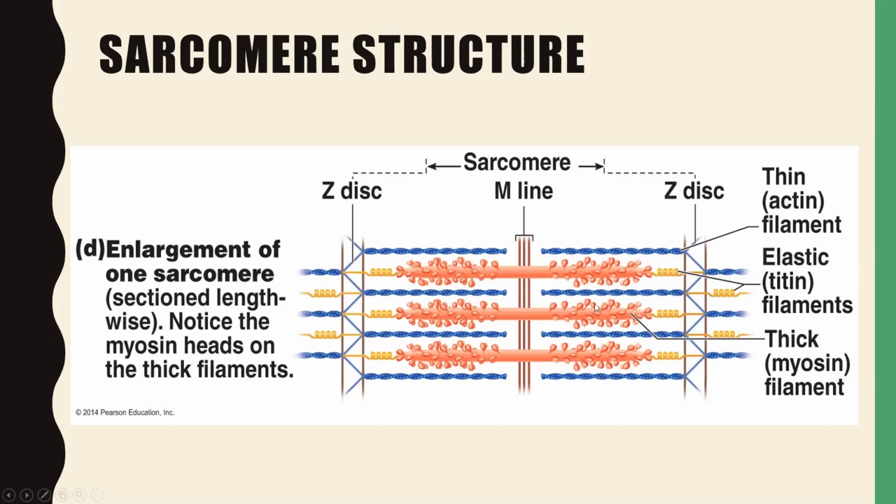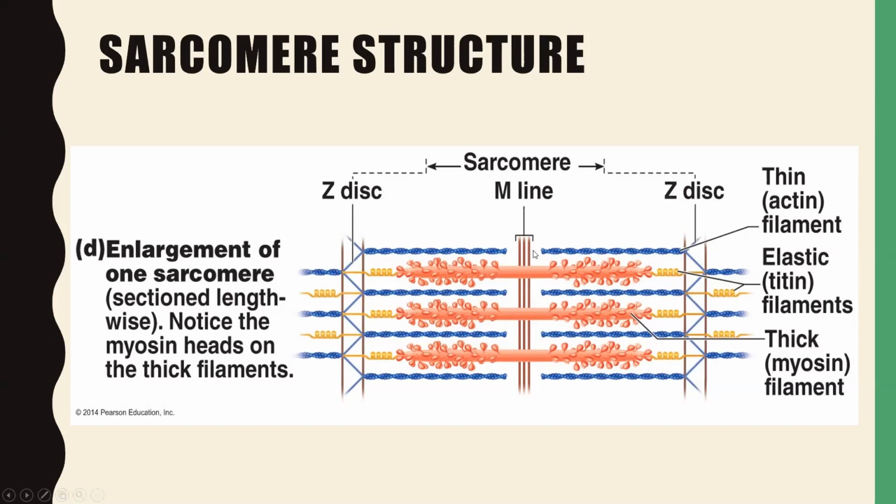Then we have alternating thin and thick and thin and thick and thin. All thick filaments are surrounded by thin ones, because we're just looking at a longitudinal section. If we did a cross section, which I'll show you in the next slide, you can see how there are thin filaments all the way around the thick filament.